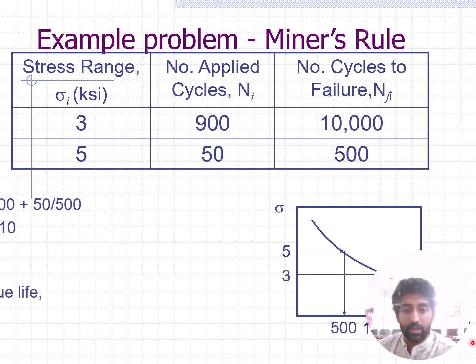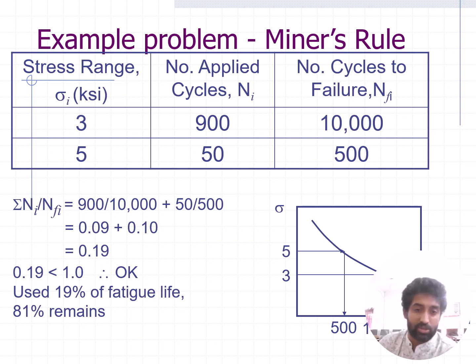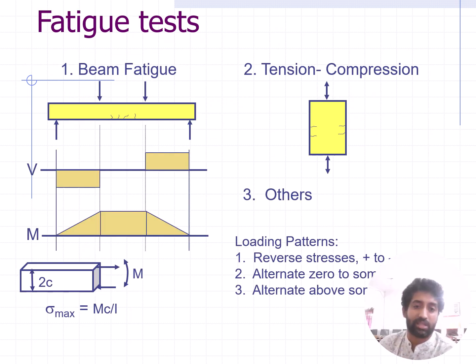Since you can see 900 divided by 10,000 is less than 1, then there is a 19% chance of fatigue life used, which means 81% you can still use it. Fine. So this is how we do the beam test or fatigue test, where you can get all the data and use it in preparing our graph.